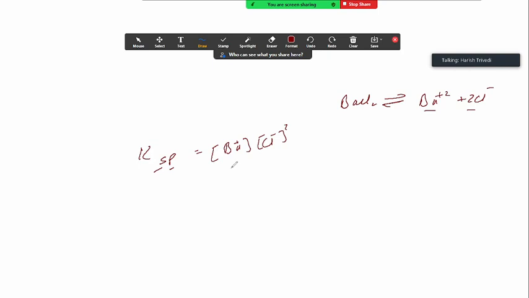Whenever the product of Ba plus 2 and chloride minus is higher than Ksp, it will make a precipitate.